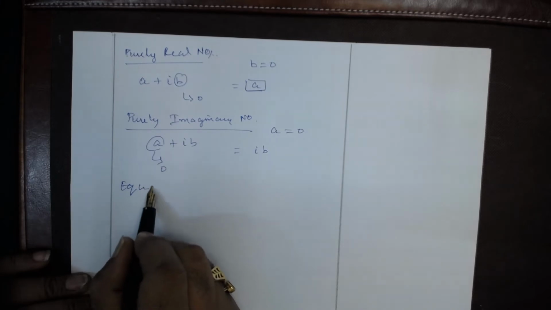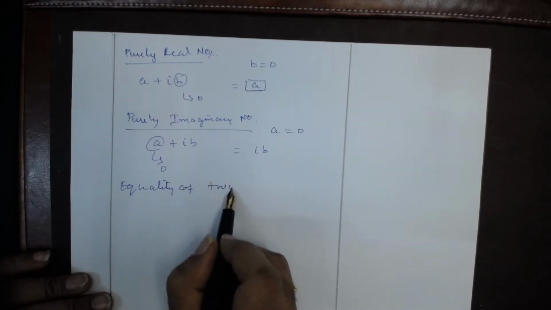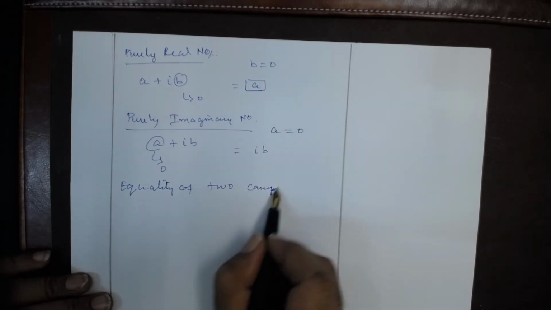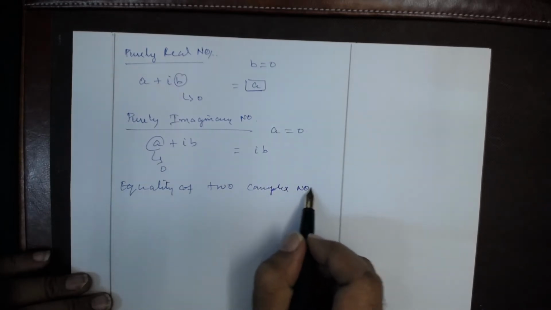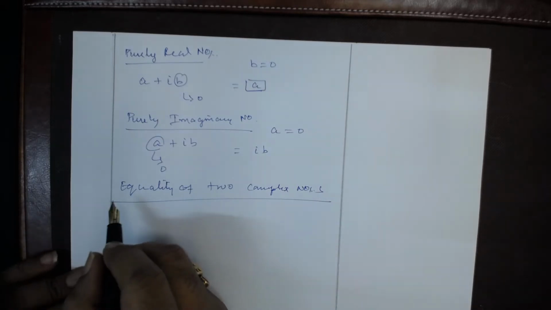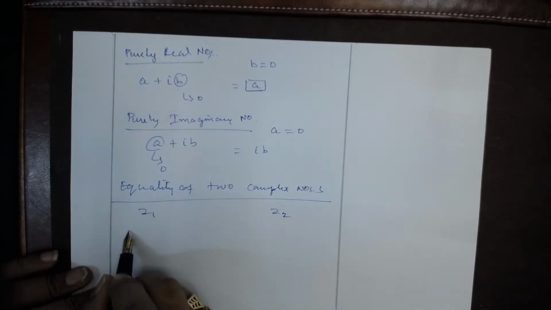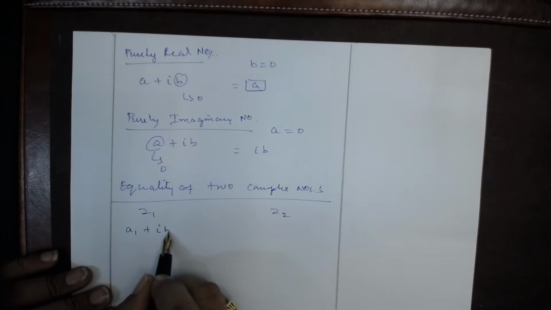Equality of two complex numbers. Let me consider Z1, Z2. Z1 is given by A1 plus IB1.